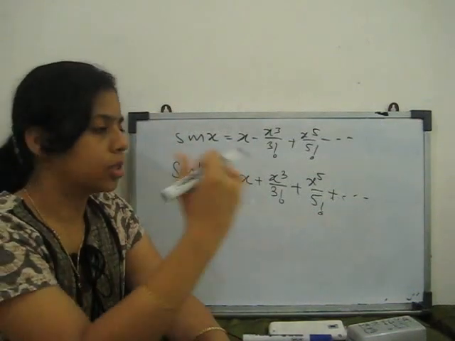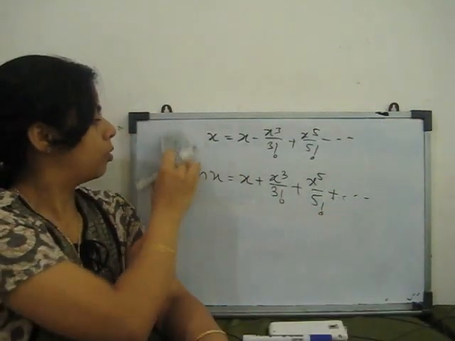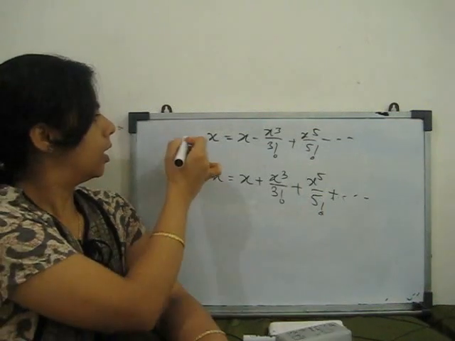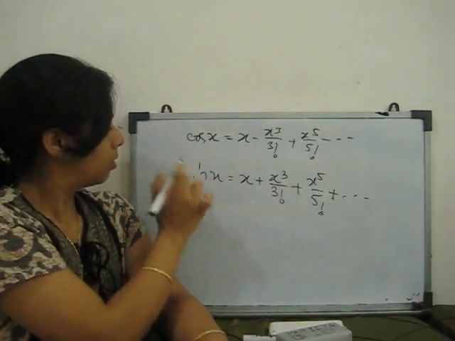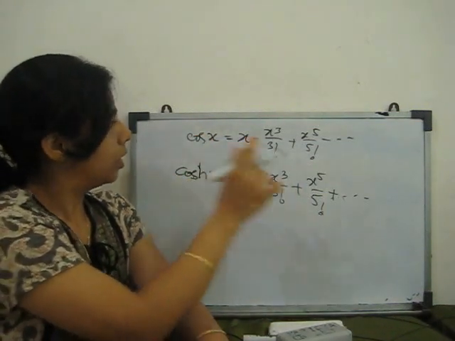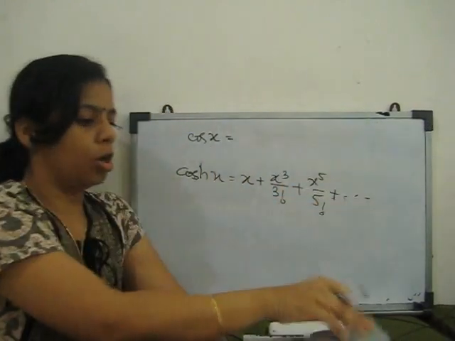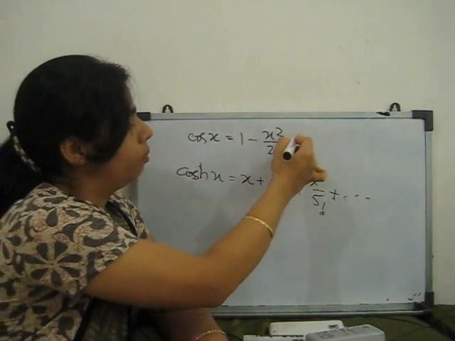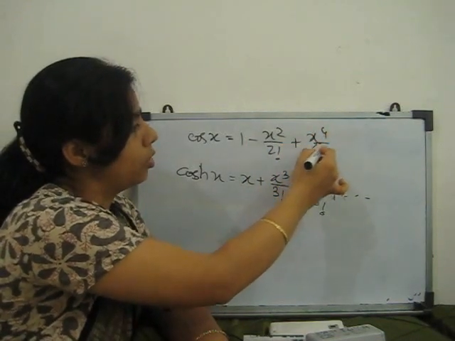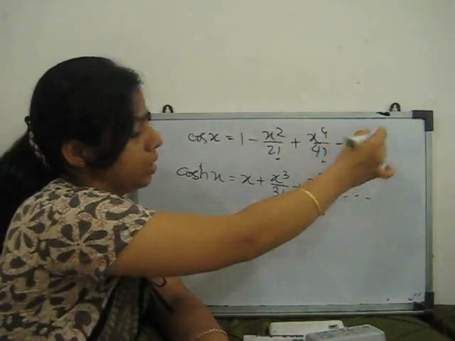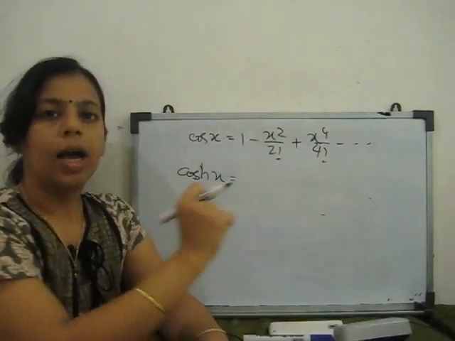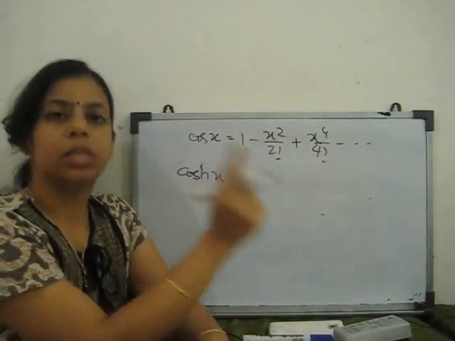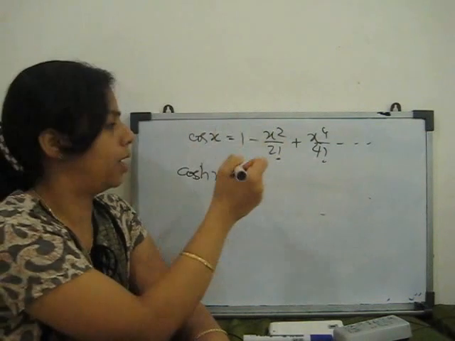Similarly, in the case of cos x, cos is what? Cos is 1 minus x square by factorial 2 plus x to the 4 by factorial 4 minus and so on. For hyperbolic, it is the same series with all plus signs.